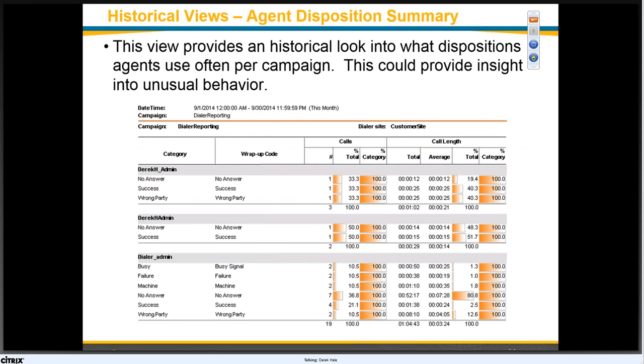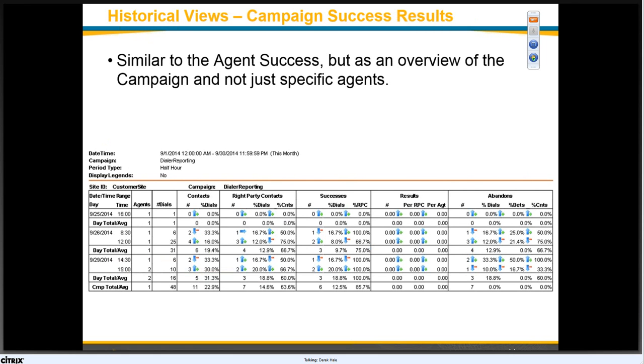I am almost positive it would just be one of these, possibly the penetration or the campaign success results. Because again, if you look in the upper left, I've set my date time range from just 9/1 to 9/30. But as long as you knew the length of time that campaign or file, as you put it, whether that's call list or whatever, was live, you should be able to see the number of dials made, our contacts, and our successes.